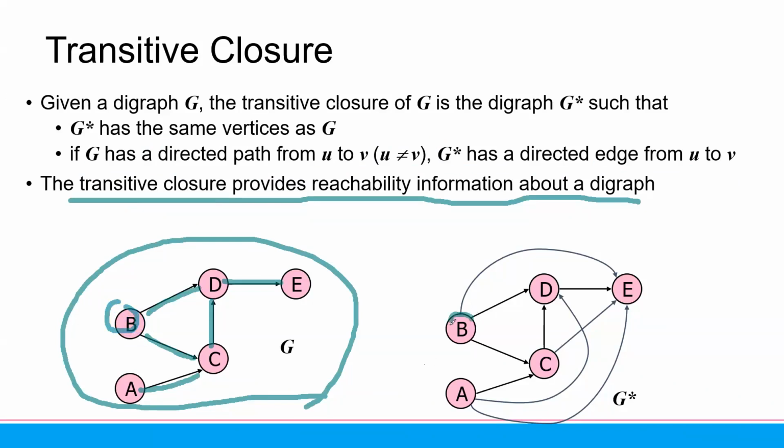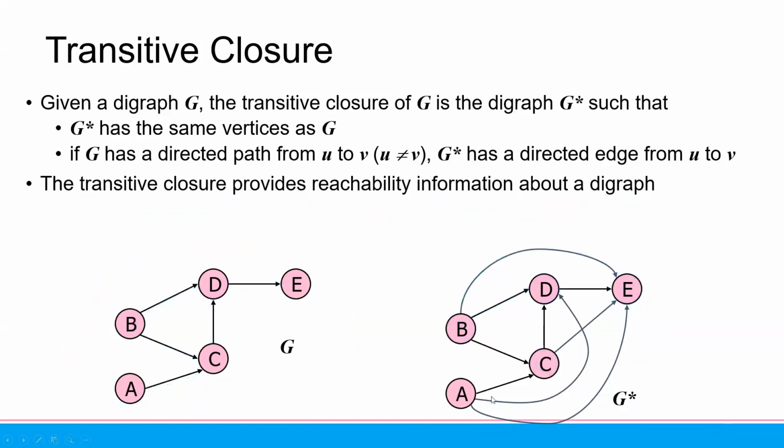From B, D is reachable, and C is reachable from B. What about E? Yes, E is reachable from B because we have a directed edge from B to D and then D to E. So we make an edge from B to E.